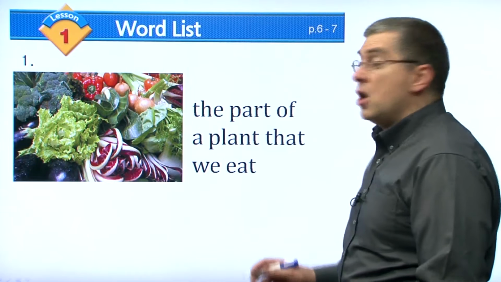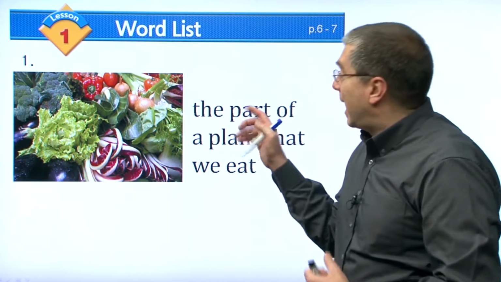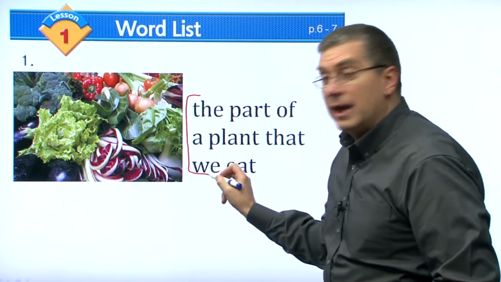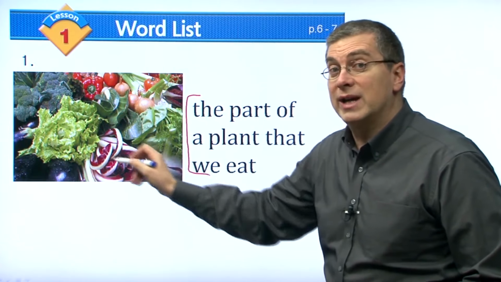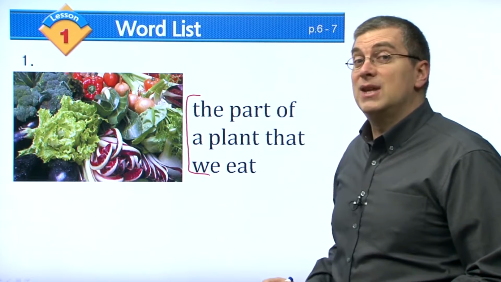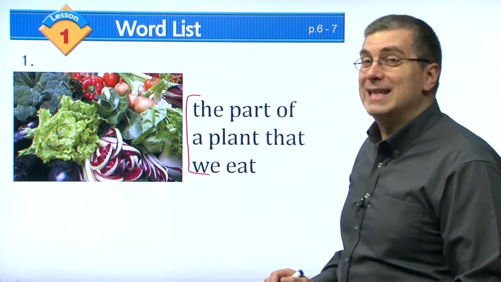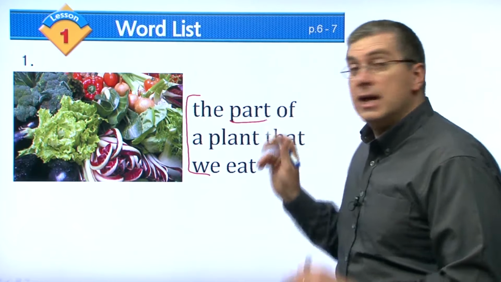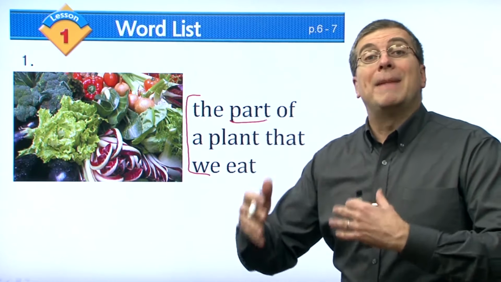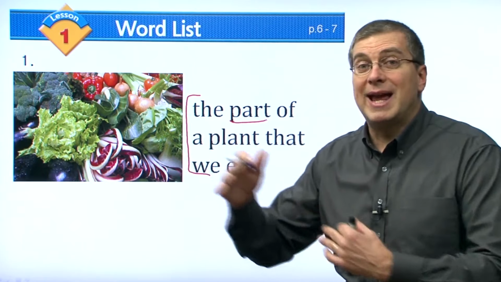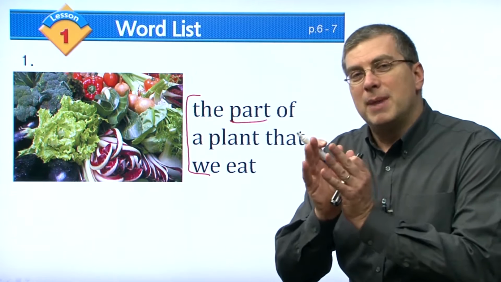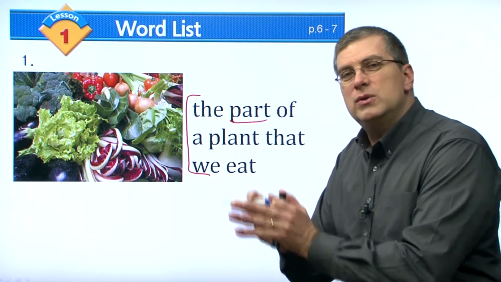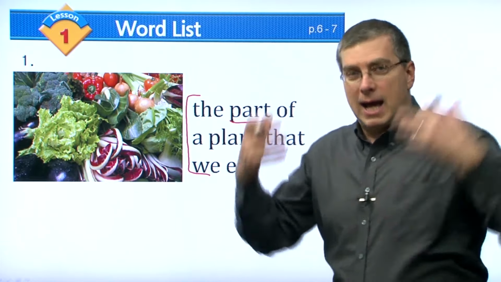Okay, let's start with our first word. We don't see it, but we have the definition here and we have a picture over here. The definition is the part. There are many parts of a plant. But we're looking at maybe one part or a few different parts, right? I am a person.